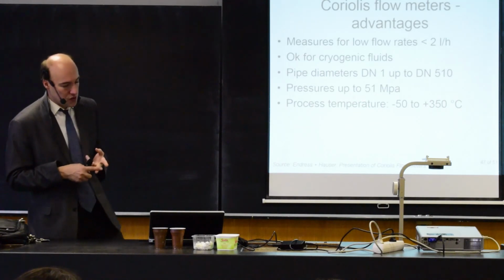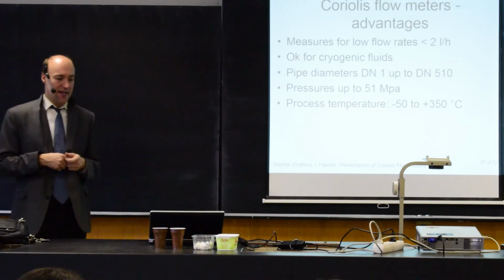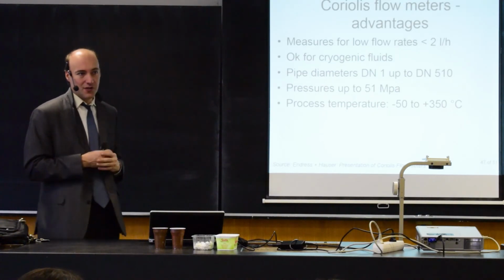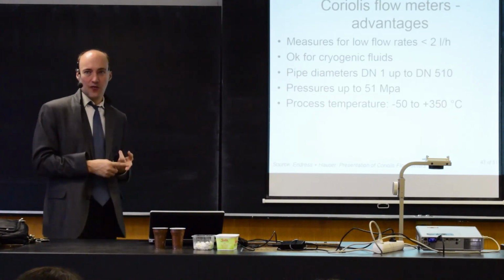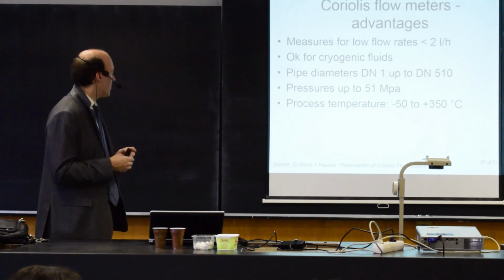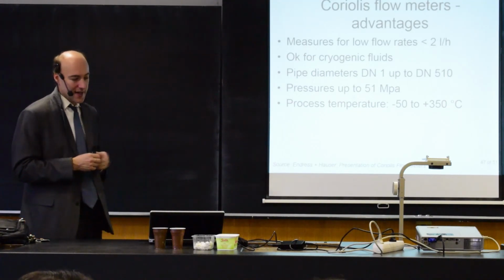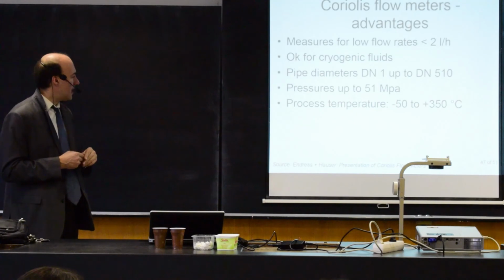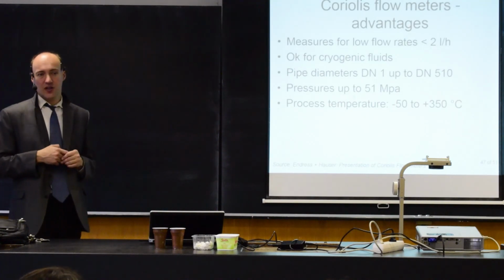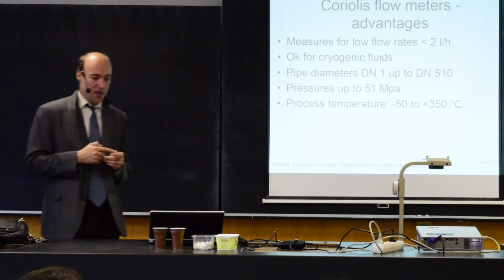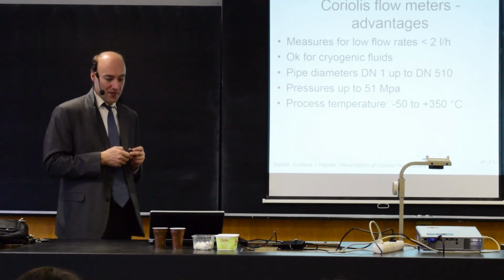It can be used for smaller pipe diameters than the other principles, so roughly 500 millimeters is the maximum size of the sensor. It can work for large pressures. Those numbers are again from some data sheets for the flow meters, so they say 51 megapascal and about double the temperature range compared to ultrasonic or electromagnetic flow meters, so up to 350 centigrades.